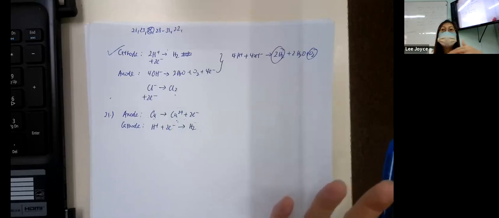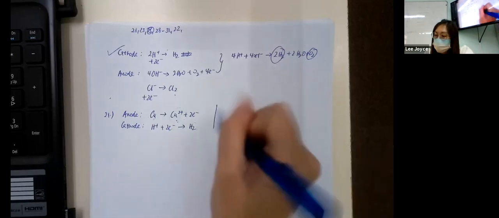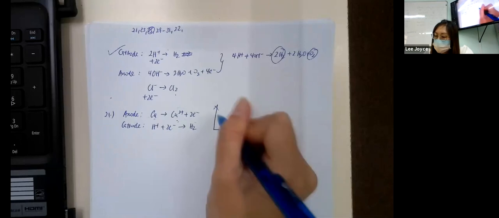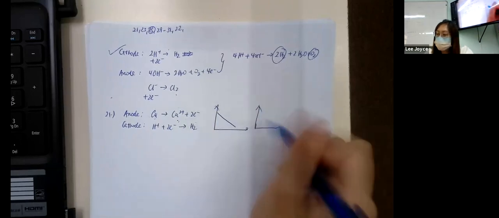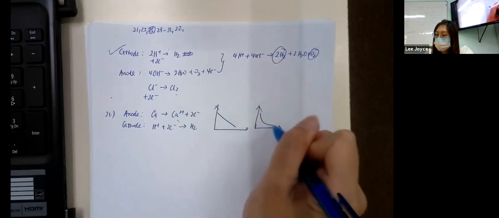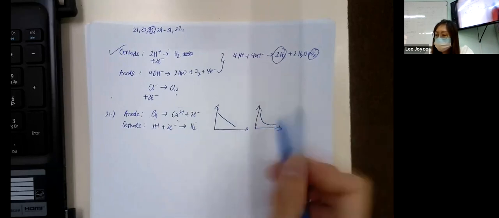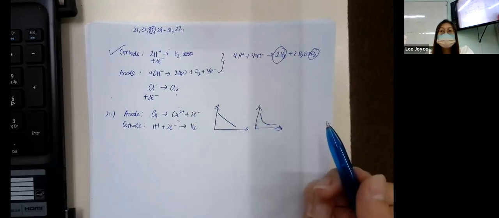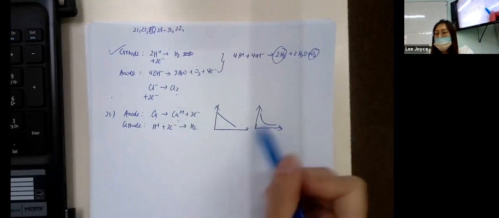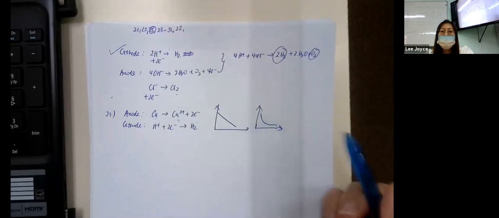So you should get a linear graph, a downward sloping graph. Right, but if you choose B, it's a curve. The gradient doesn't show a constant proportionality. So this cannot be the answer.